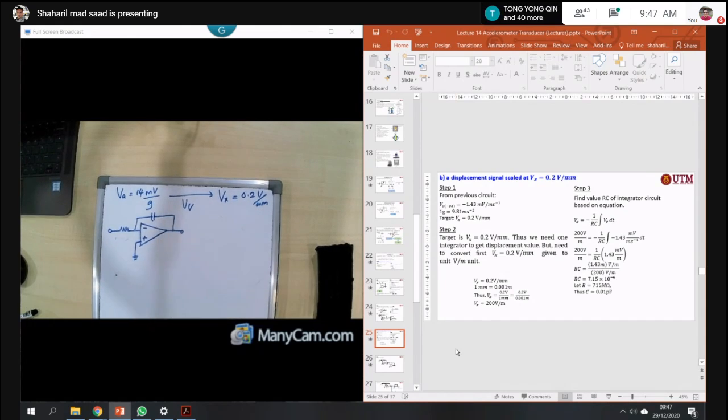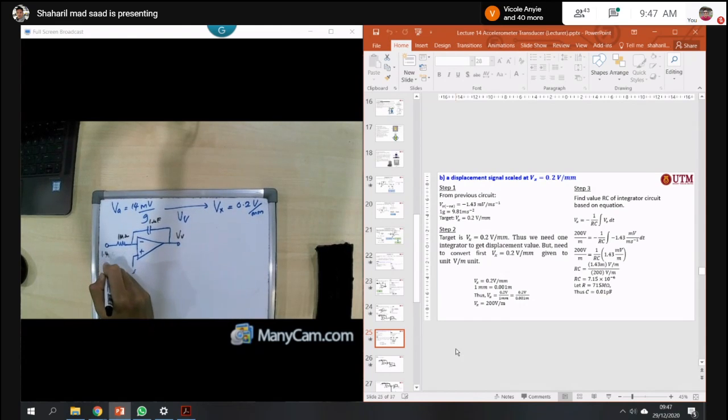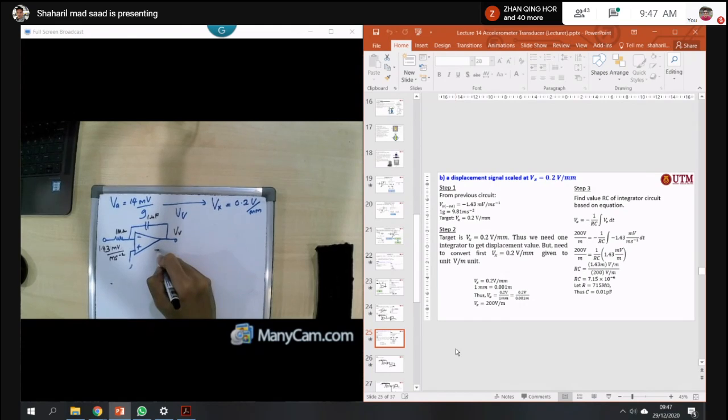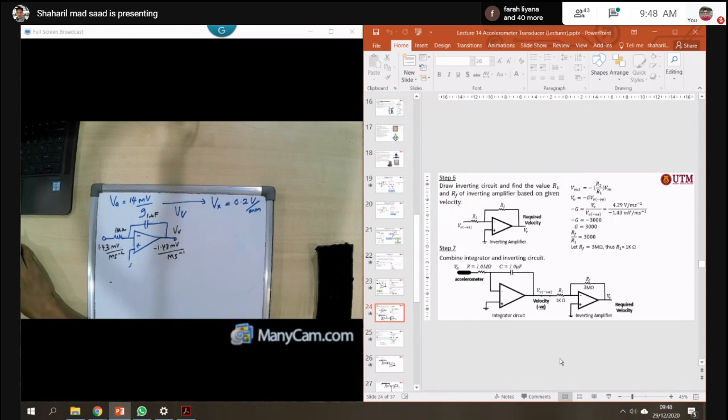Then this one is 1 microfarad, 1 mega ohm. Done. Then we can get the Vv here. This one is equal to 143 millivolt per meter per second squared. Then we can get minus 1.43 millivolt per meter per second. Okay, is it?